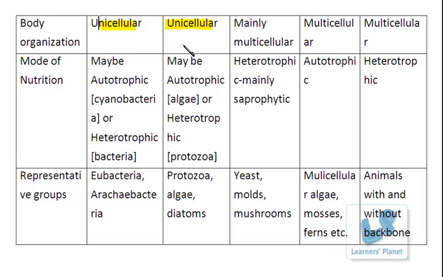Now the next group is fungi. In fungi, these organisms are mainly multicellular. Initially these organisms begin their life as unicellular organisms, and then they live a multicellular life at a certain stage. Plants and animals are also multicellular.